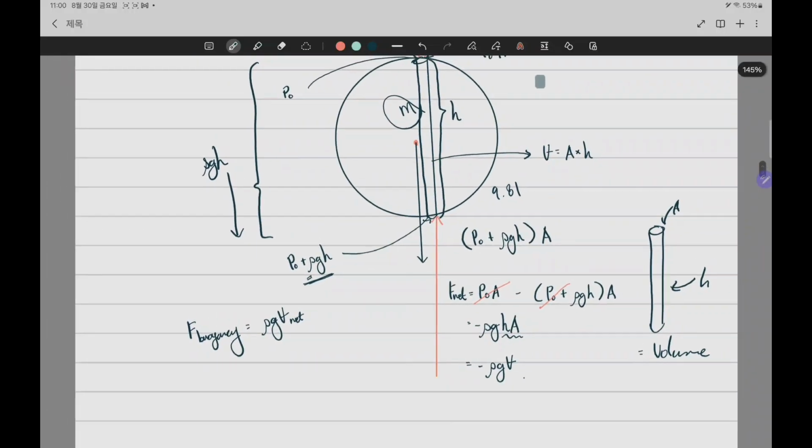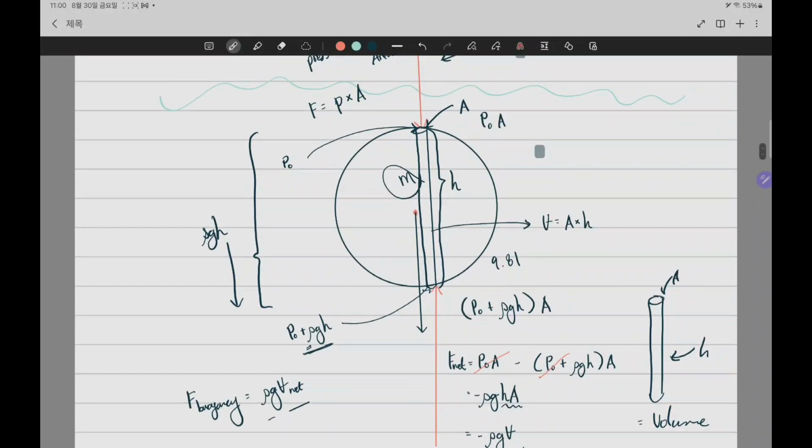So if mg is smaller than rho g V, then the ball would float. But what is rho V? The density times the volume would be the mass, so the mass of the very same sphere composed of water.